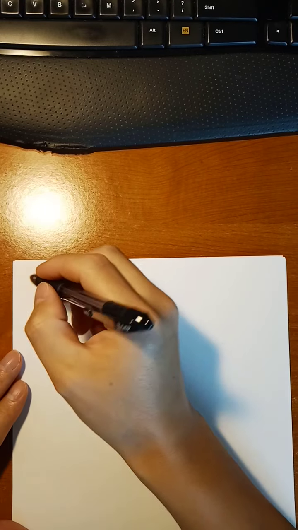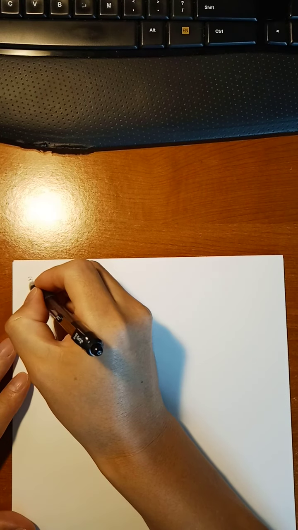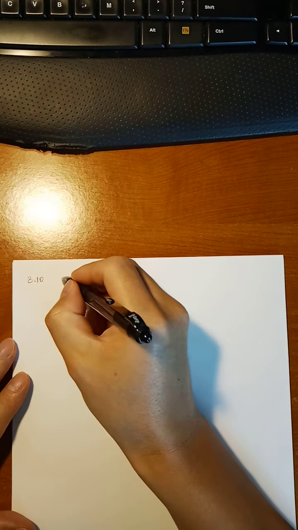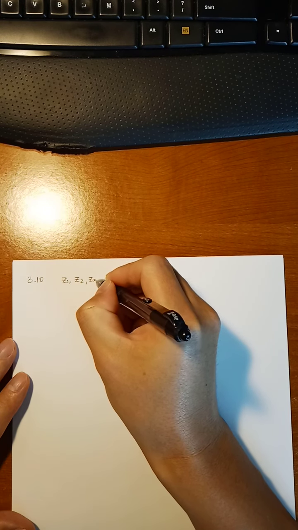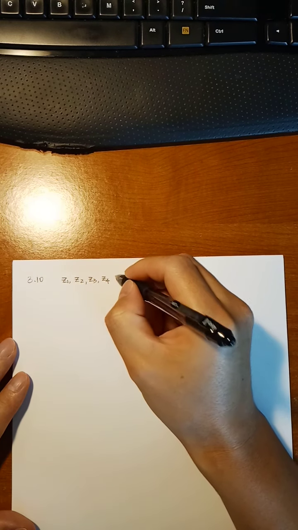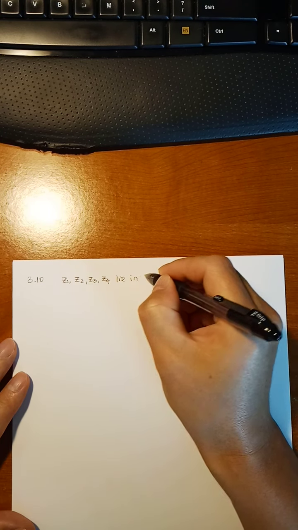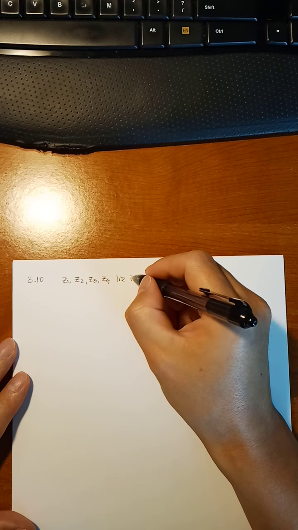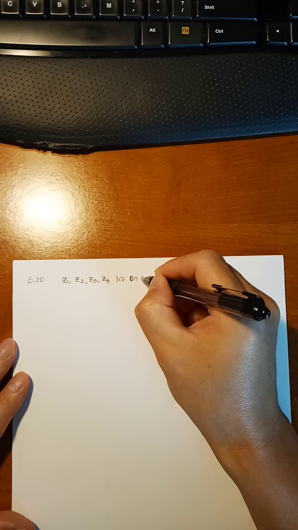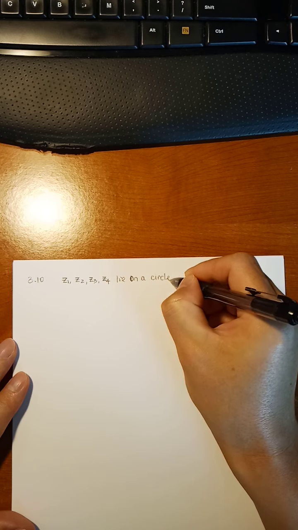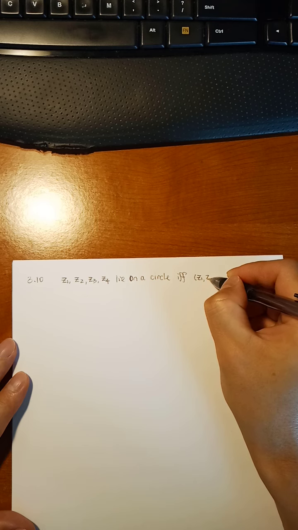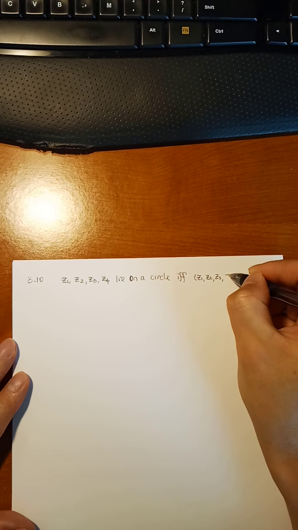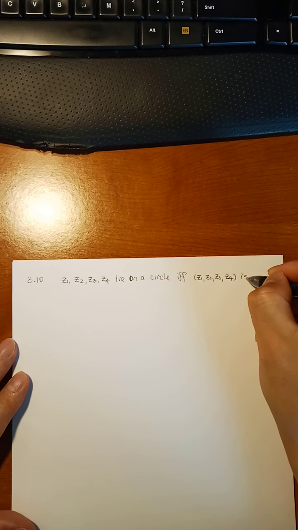Okay, so we already know from the last video that 4 points z1, z2, z3, z4 lie on a circle if and only if the cross ratio of z1, z2, z3, z4 is real.